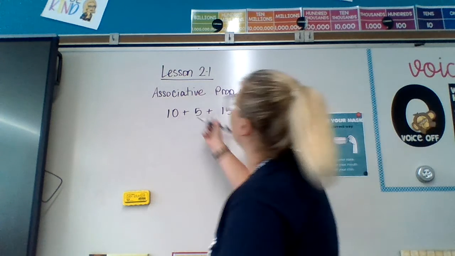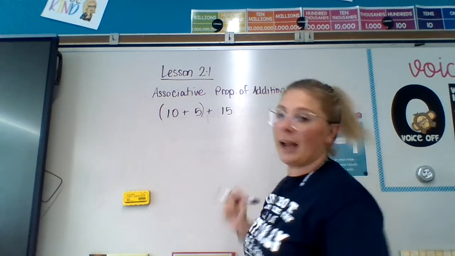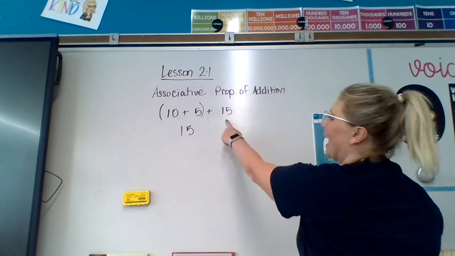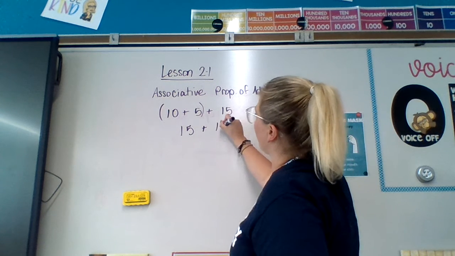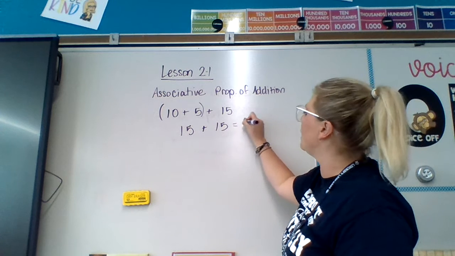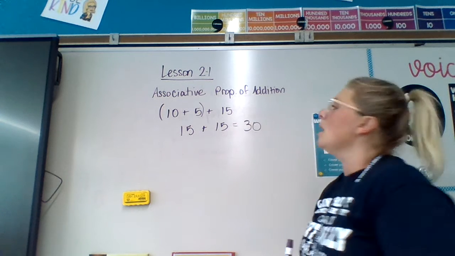I can do 10 plus 5 first, which would get me 15, and then add my other 15. So 15 plus 15 would be 30.